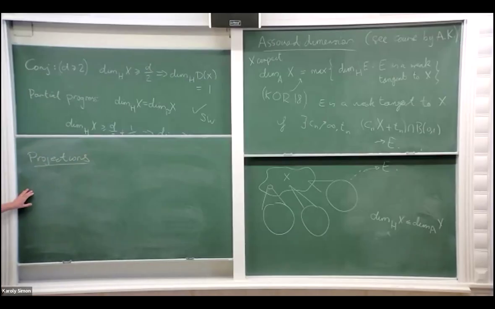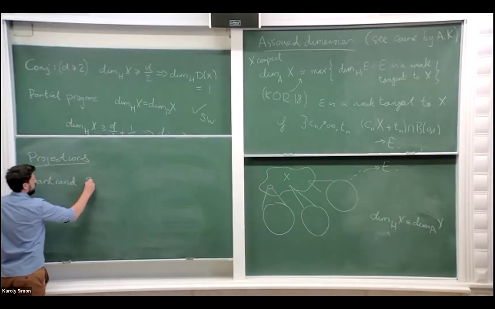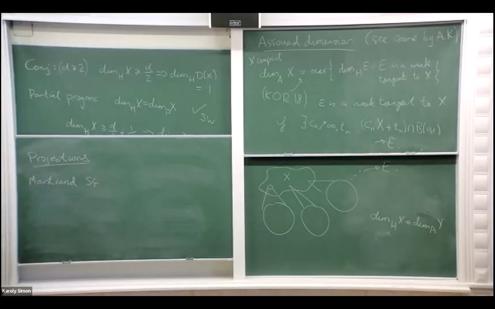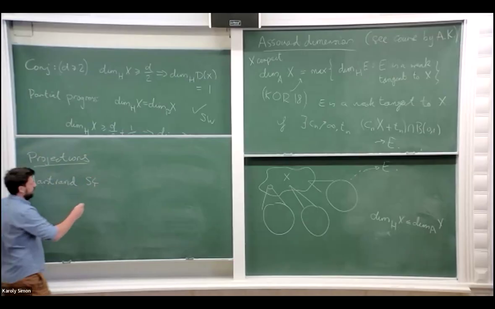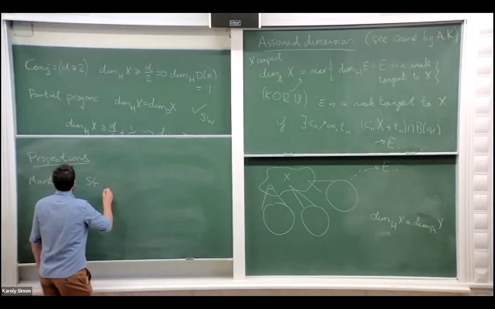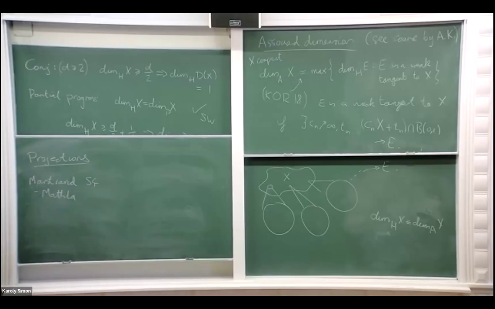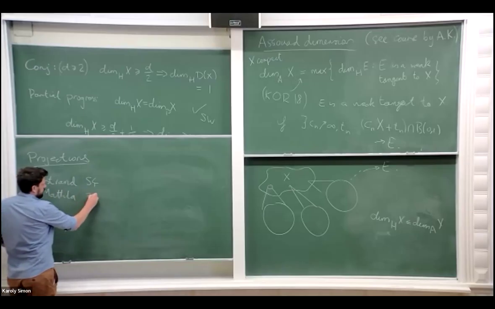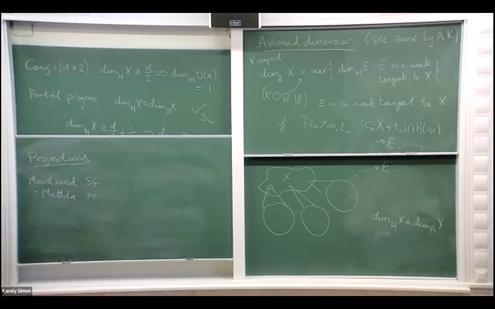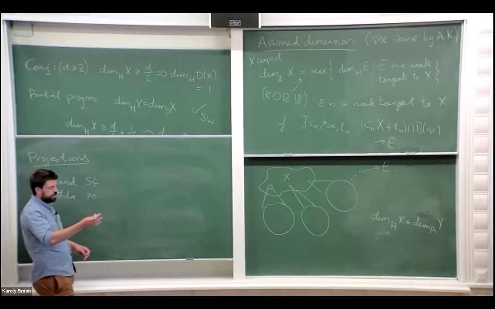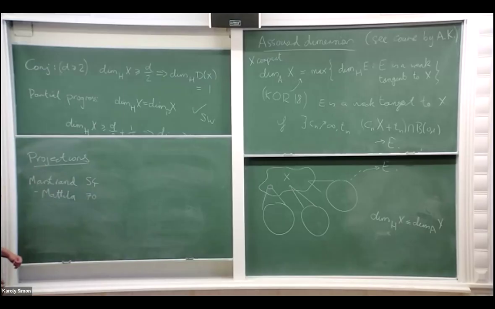So let me just recall a very influential theorem due to Marstrand from 1954. Let me state the general R^d version, which is due to Marstrand and Mattila. Mattila is 70-something, something like that. So X is my Borel subset of R^d.